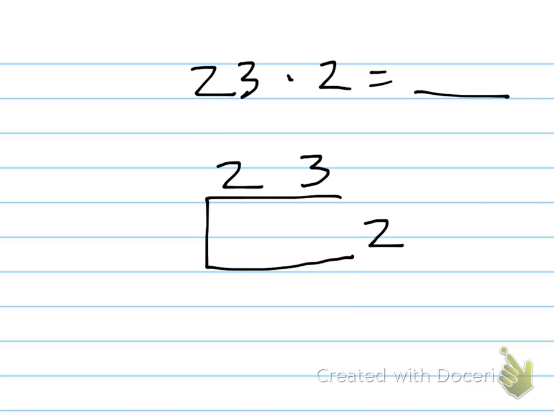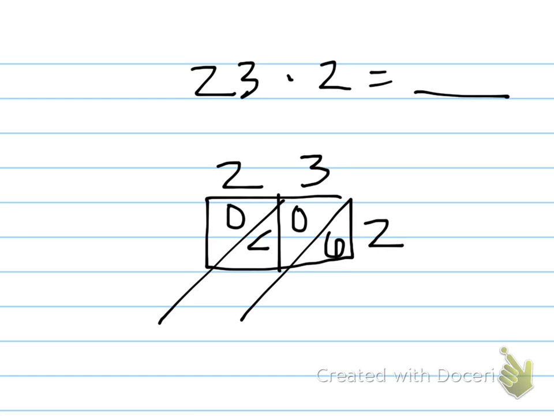I prefer, in this case, to use the lattice method. 3 times 2 is 6. 2 times 2 is 4. Check your work. 3 times 2 is 6. 2 times 2 is 4. Everything's written down. As we know, I'm going to put a little highlighter here for you to know which to add at this point.